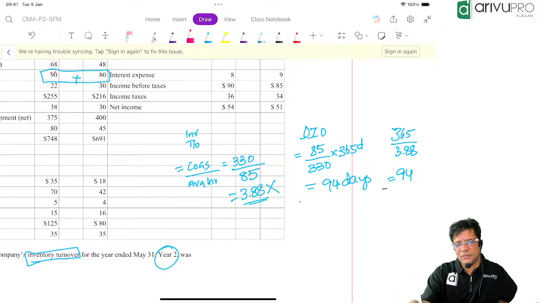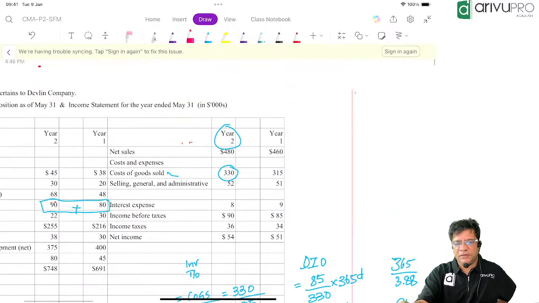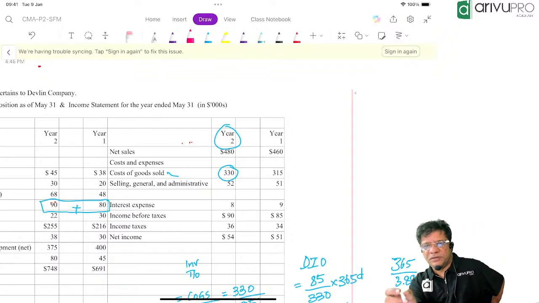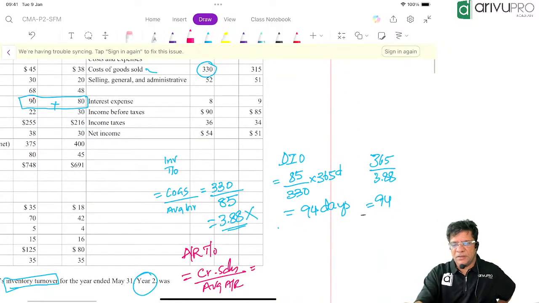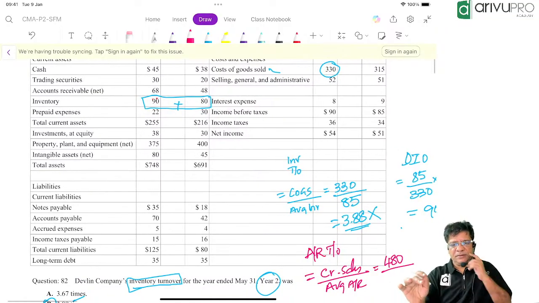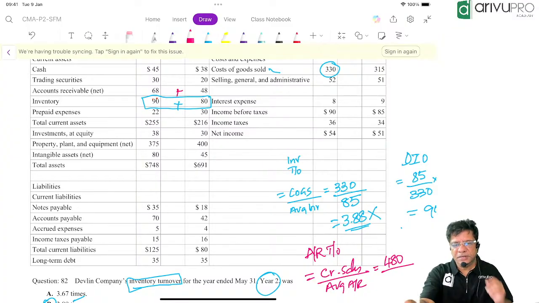Now, let's do AR turnover. Credit sales divided by average AR. Now, they have given you sales here. They are not talking about credit, let's assume 480 is credit sales. 480 divided by AR 68 plus 48 divided by 2.